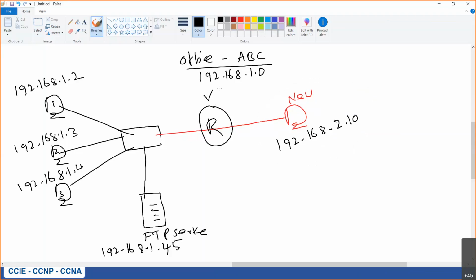A router is a hardware device which enables communication between two or more different logical networks. This is the 192.168.2.0 network, and our server network is 192.168.1.0. Both are different logical networks, so they communicate by using a router.